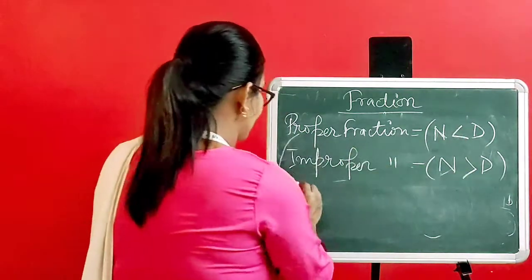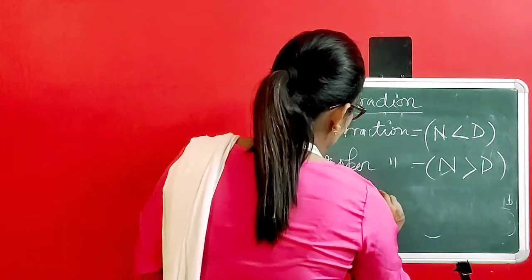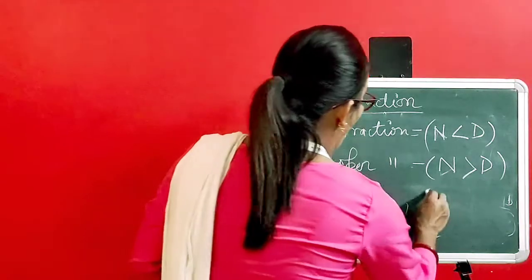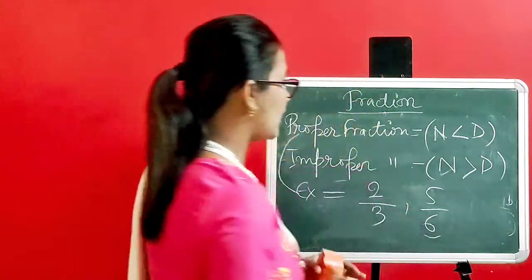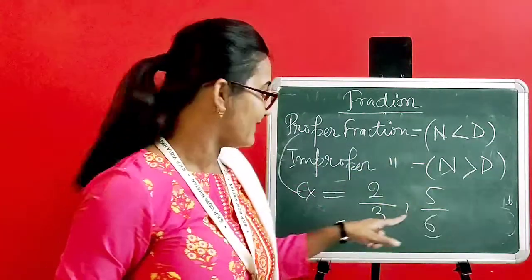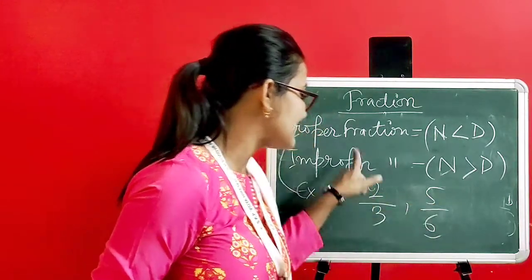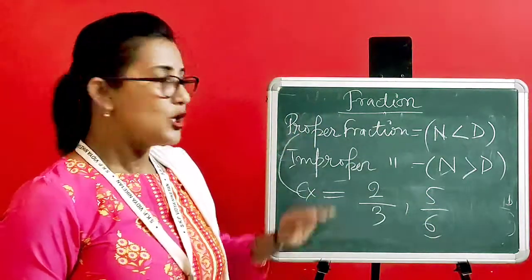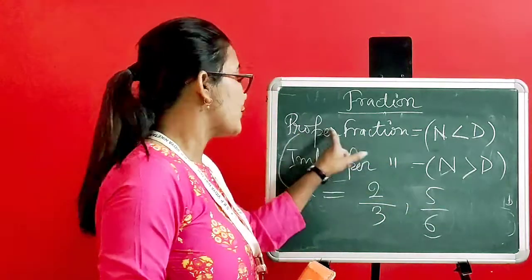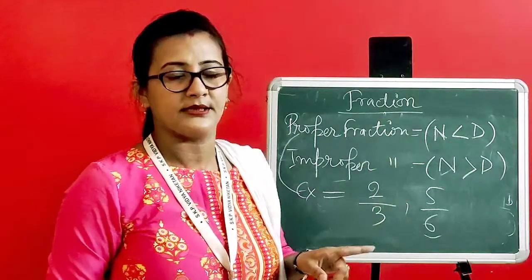Whenever we see, for example, 2 by 3, or 5 by 6, what we can see here, students, is that the numerator is smaller and the denominator is greater. So these types of fractions are said to be proper fractions. The numerator is less than the denominator.